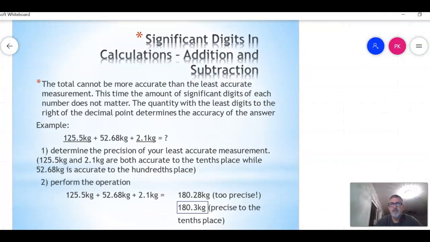All right, significant digits, calculating addition and subtraction. So the total cannot be more accurate or more precise than the least accurate measurement. Okay.